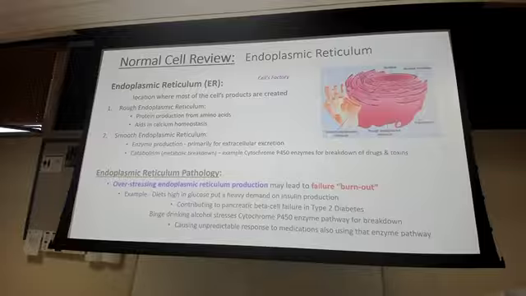So for example, down below I have type 2 diabetes. Diabetes, it's a high sugar disease, right? And normally our body responds to that by making insulin. Well, that insulin is made in our beta cells in our pancreas, and it's made in that endoplasmic reticulum.